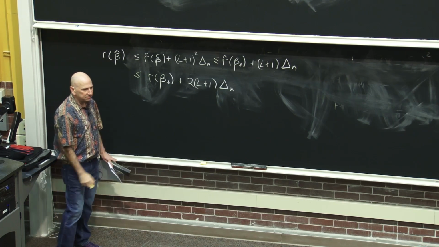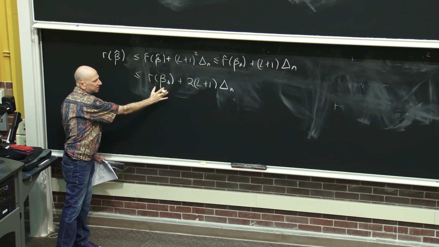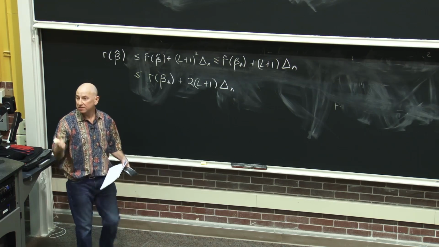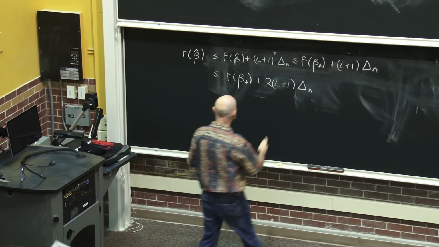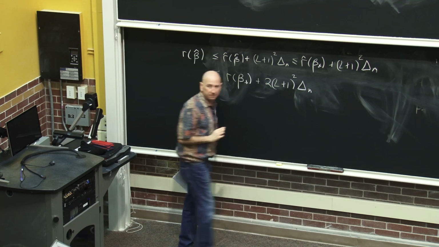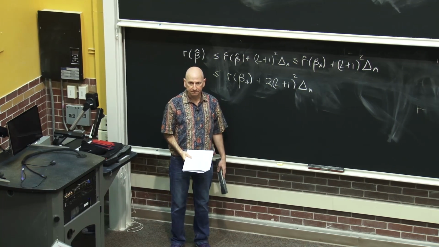So we're almost done. The risk of the lasso estimator is less than the risk of this ideal estimator plus this error. The only thing, yes? Should you have a square? Probably. Was it square? L plus 1 squared delta n. Thank you. The last thing I need to do is bound this. How big is that? Then we're done.